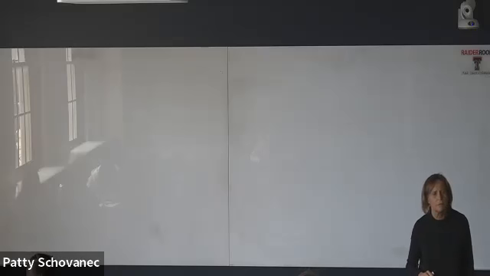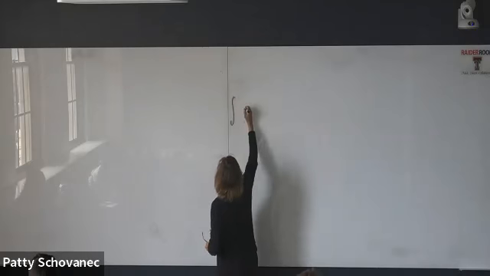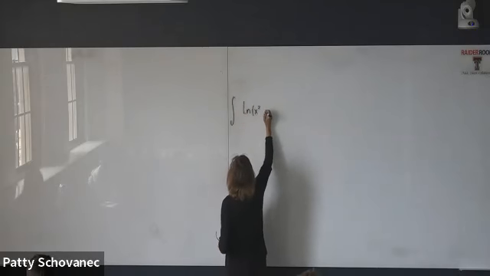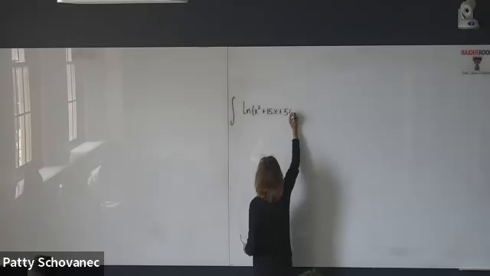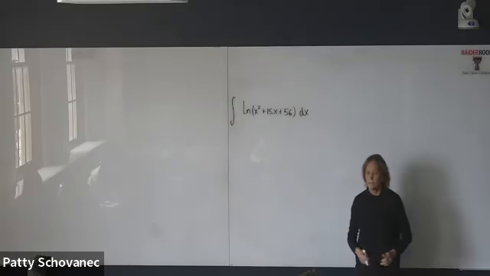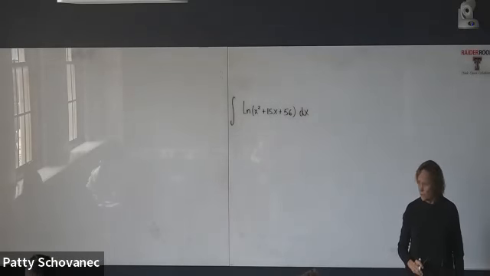It's the integral of natural log x squared plus 15x plus 56 dx. So when you see a natural log that's part of your integral, what is it that you think about?